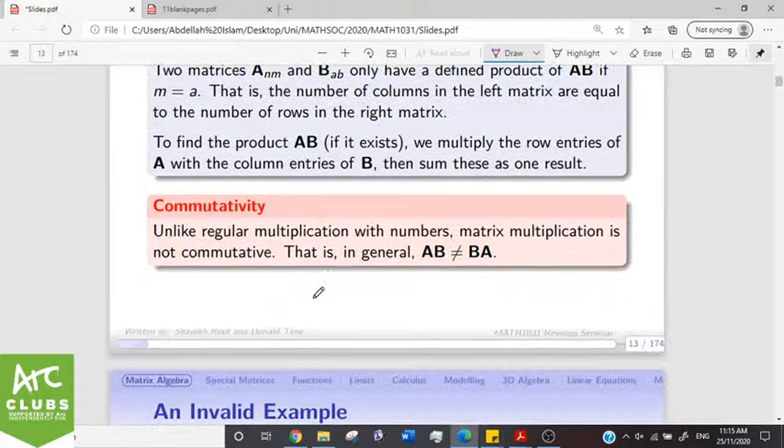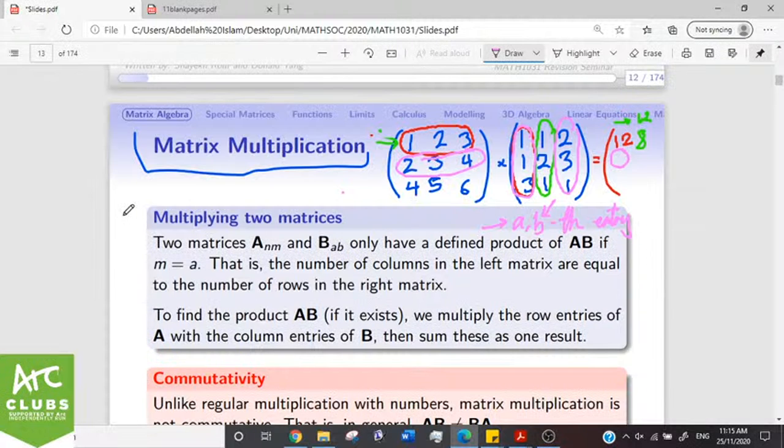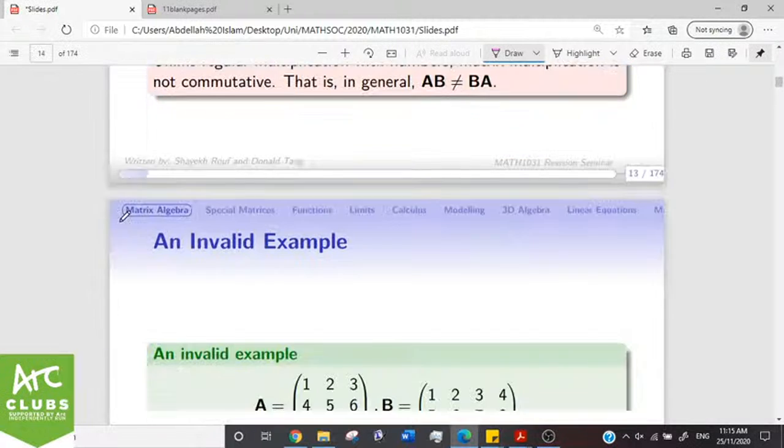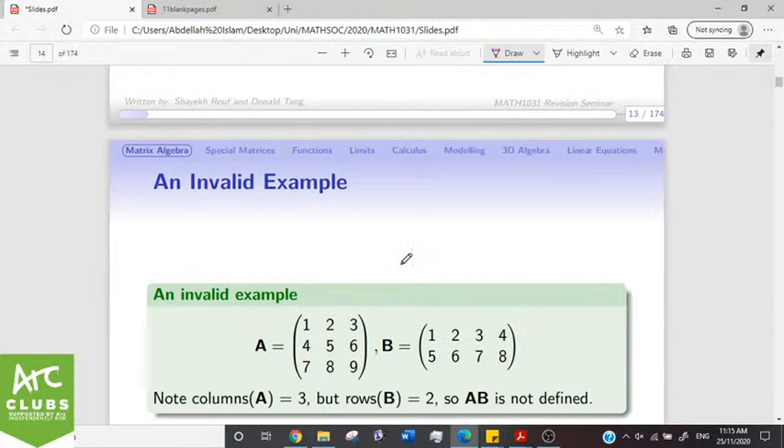Okay, I think you have a lot of practice with matrix multiplication, so I won't stick too much to this, and I'll trust that you know what's going on there. And like I mentioned before, it's not commutative, which just means that AB doesn't always equal BA. So you do have to be careful with the order when you're multiplying matrices. The order matters here, definitely.